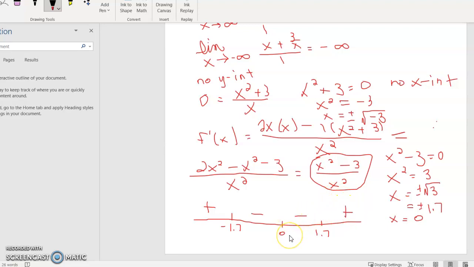Now be careful, that 0 has to go on this chart, and it's very important that we remember that it's a vertical asymptote. Things can be different signs on either side of an asymptote as we decide increasing and decreasing. All right, so let's notice this graph is increasing from negative infinity to negative 1.7. And it's also increasing from 1.7 to infinity.